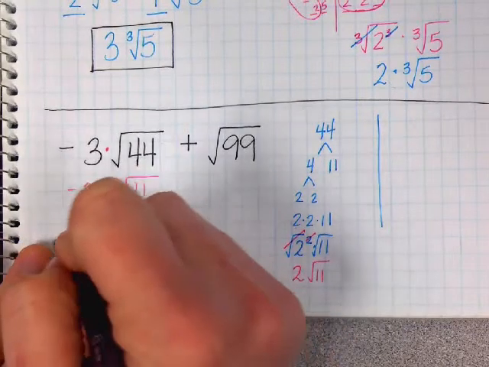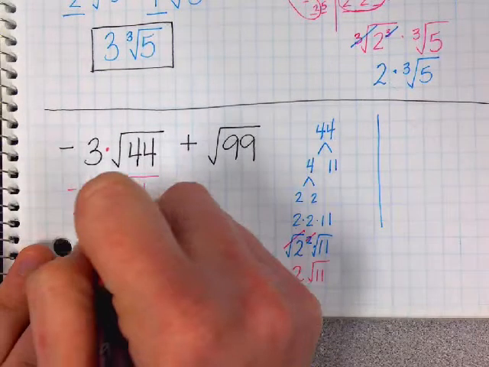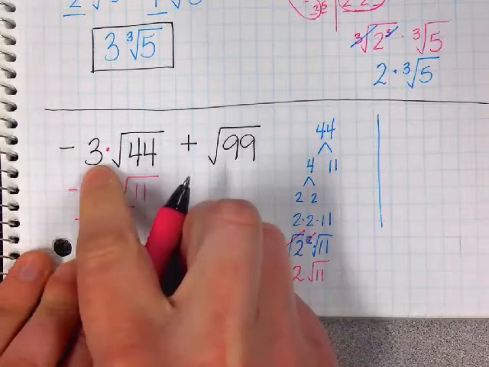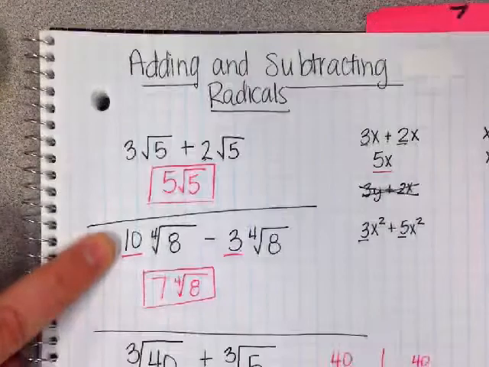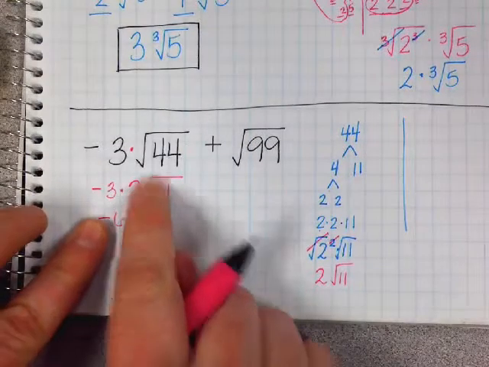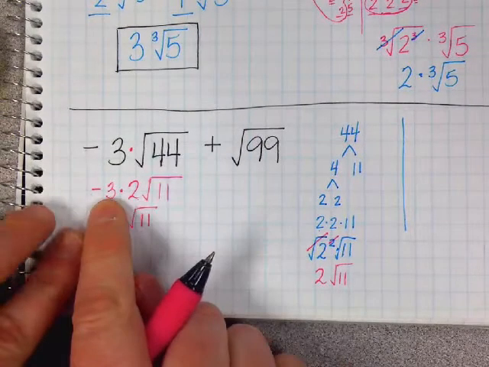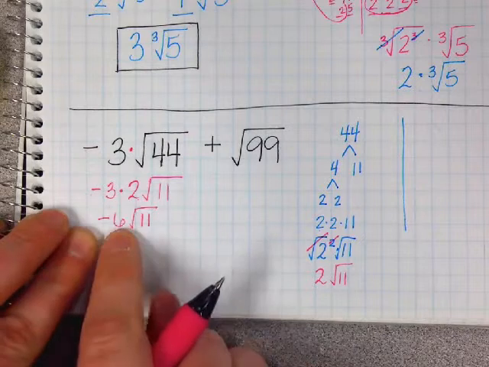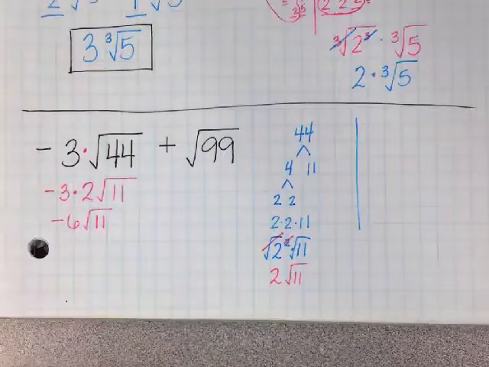So negative 3 times 2 is negative 6 square root of 11. So since there was already a number out front, just like these ones up here that already had a number out front, I just need to remember that it's that times this information. So then I needed to do negative 3 times 2, which is negative 6.